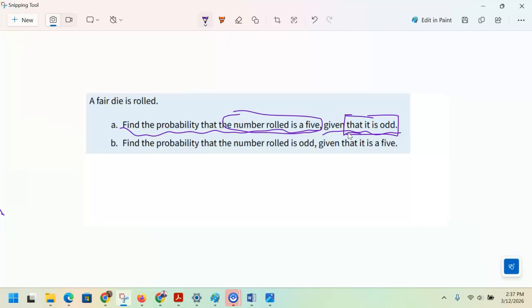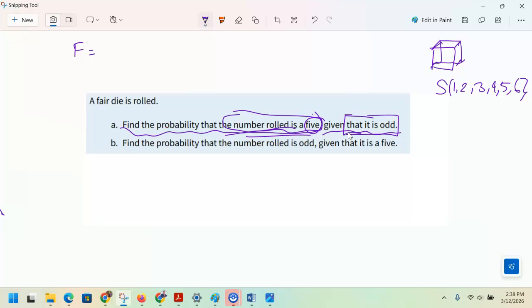Let's see, this is the die. S is always the sample space, so all possible outcomes. Now let's define events.